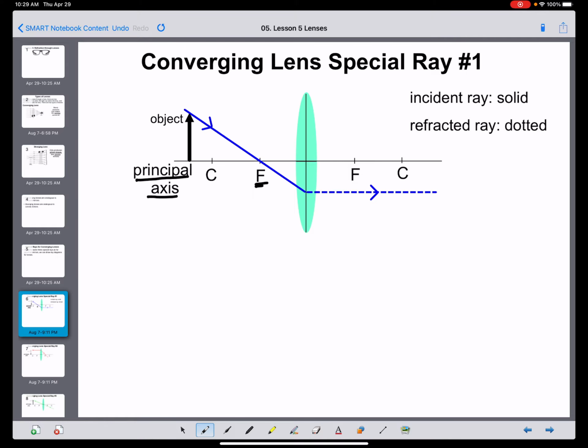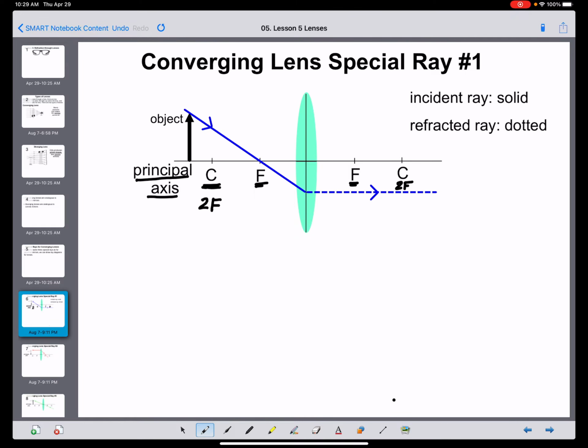The difference here, though, is that you can write the focal point on both sides of the lens. Because the lens itself is symmetrical, you could write the focal point on either side like this. Also, this is our center of curvature here, which sometimes you'll see referred to as 2F instead of C, because remember, the center of curvature is twice as far from the mirror or the lens as the focal point is. So sometimes 2F instead.